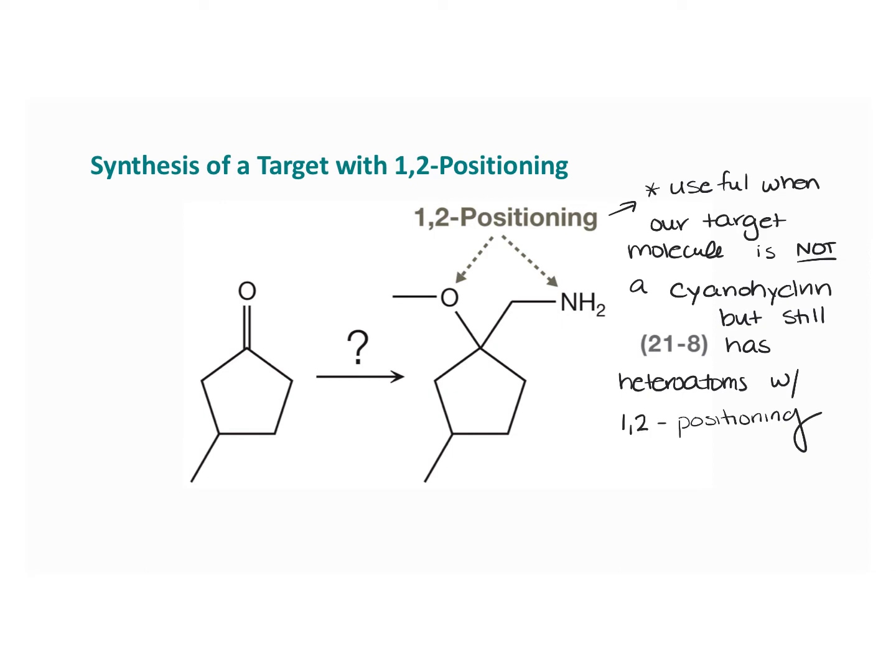So, for example, we want to carry out the following synthesis. We're given a ketone and we see that we have heteroatoms in the 1-2 position.